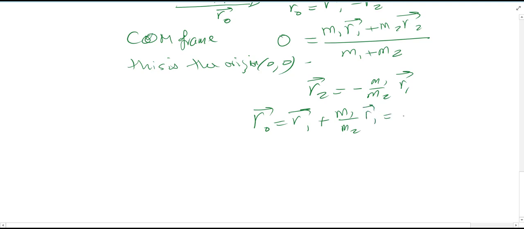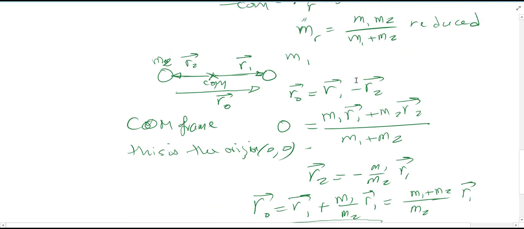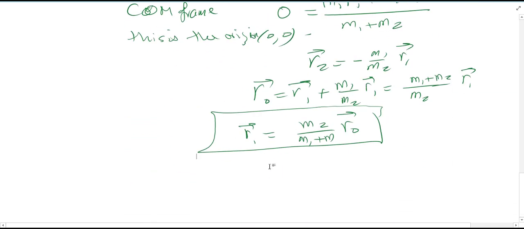Now take R1 as a common factor, and the common denominator is M2, so this is (M1 plus M2) over M2 times R1. In other words, R1 is simply equal to M2 over (M1 plus M2) times R0. That's equation 1. That is an important one in calculating the moment of inertia, because the moment of inertia is just the sum of the two moments of inertia with respect to the center of mass.